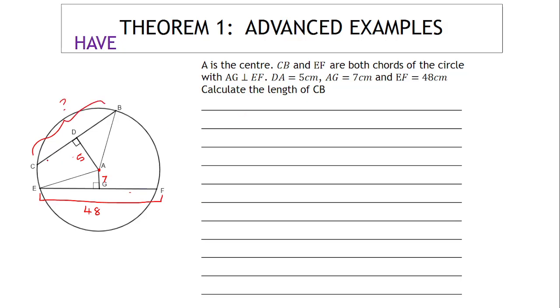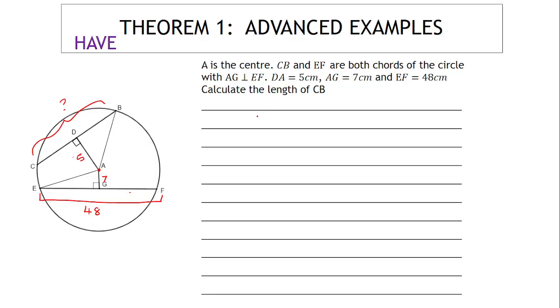Great. My thoughts are, let's first do Pythagoras in here to get AE. I can see that AE is a radius, so this radius AB is also a radius. Whatever I get for EA would be the same length for AB. Then do Pythagoras here again to get DB, and then use my reason, line from center perpendicular to chord.